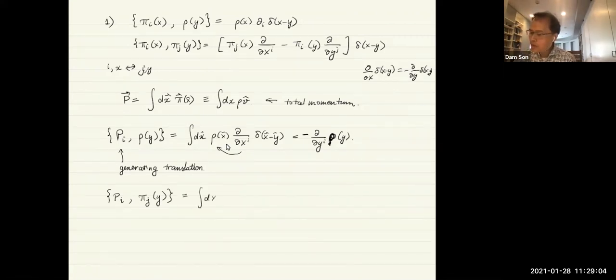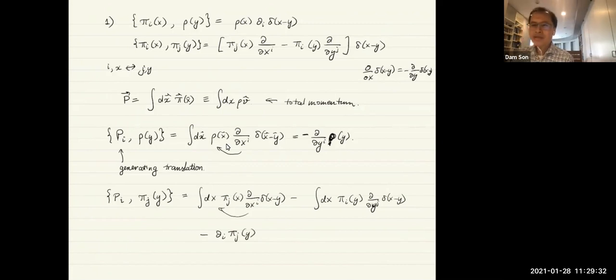The first term is the integral dx of pi j of x, d over dx_i of delta(x minus y), minus the integral dx of pi i of y, d over dy_j of delta(x minus y). The first term gives a derivative. The second term is even easier: this pi here does not depend on x, so I can put it outside of the integral. We have the integral of the derivative of the delta function, which is 0. So it is 0.